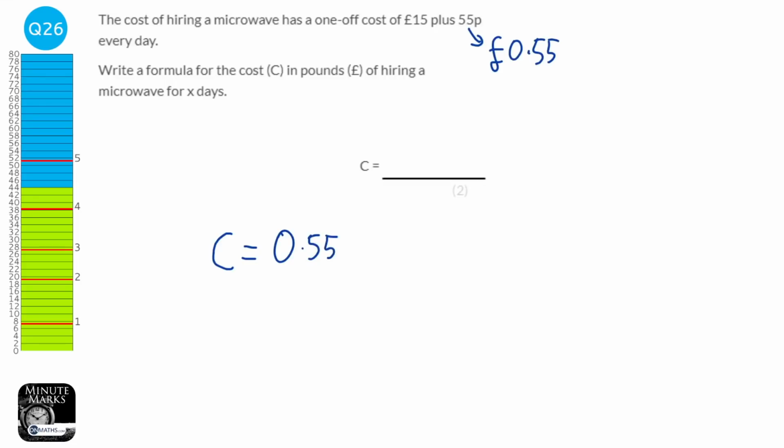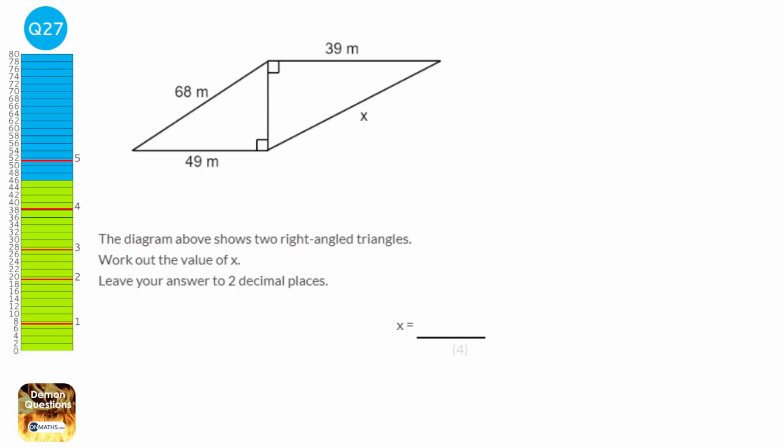Well, it says the amount of days is X. So it's going to be 0.55x. Then it says that there's just a one-off cost of £15. So you're going to have to pay £15 regardless. So we're just going to add 15 onto that. So the answer would be C equals 0.55x plus 15.